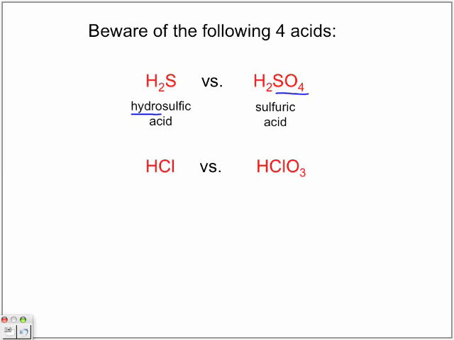Okay, another one. HCl versus HClO3. We have a binary acid. So binary acids make reference to a hydro, and it's hydrochloric acid. As opposed to over here, which is a derivative of the chlorate, okay, which is known as chloric acid.